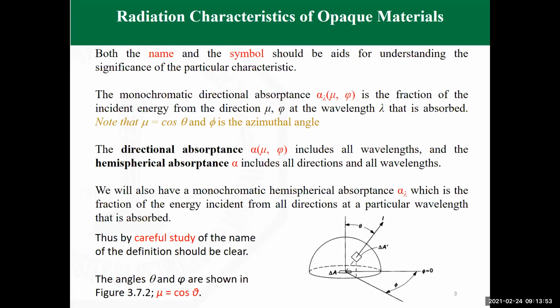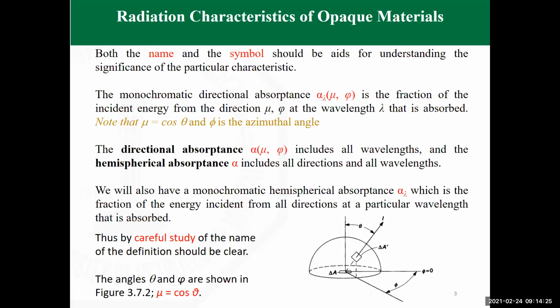But when we are talking about a monochromatic directional absorptance, the word directional means that it depends on the direction. So it depends on the angle. What kind of angles are we talking about? We have basically two angles to worry about. The zenith angle, theta, but we don't say theta because most of the formulations that we have contain the component cosine theta.